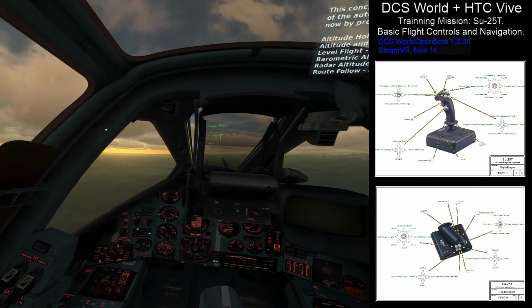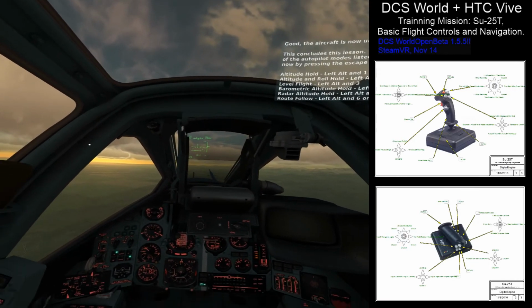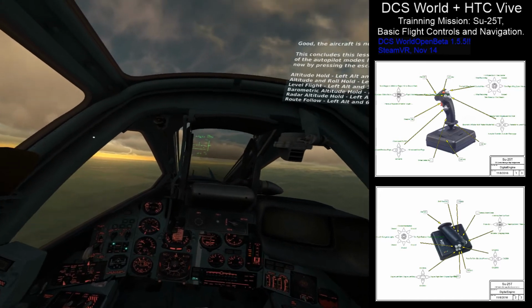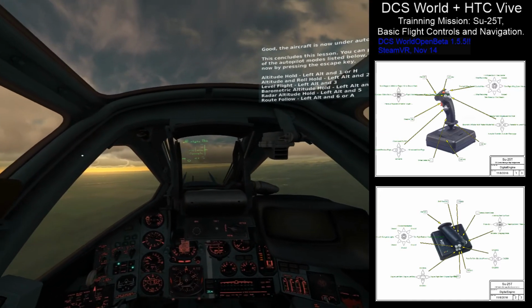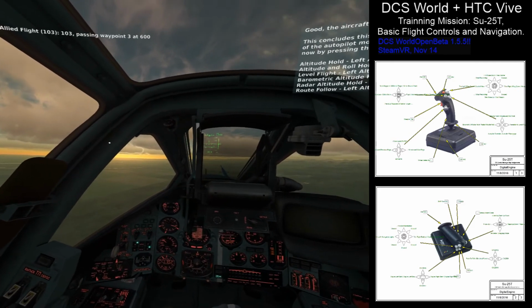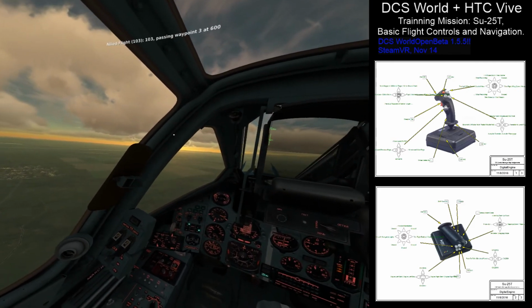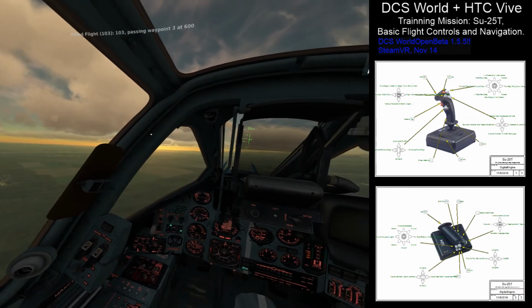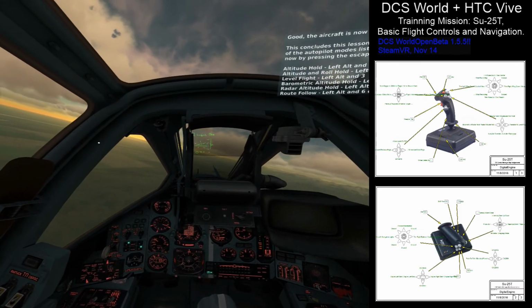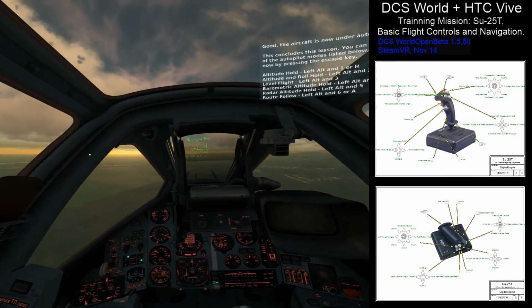And basically the difference between radar altitude hold mode and barometric altitude hold mode is that radar altitude hold mode attempts to hold the aircraft at a set altitude above ground level. And in radar altitude hold mode, we have control over bank angle.